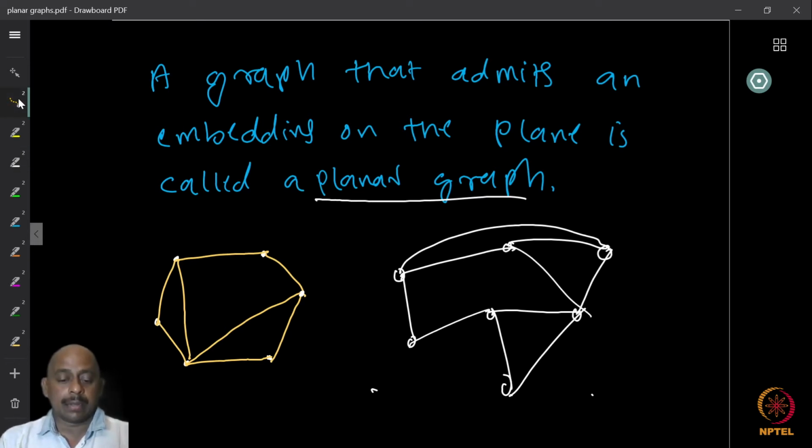You can very well see that this graph is represented on the plane where you have the vertices as distinct points, and whenever you have an edge between a pair of vertices, you draw a line segment connecting them.